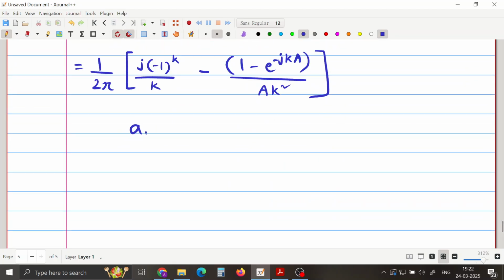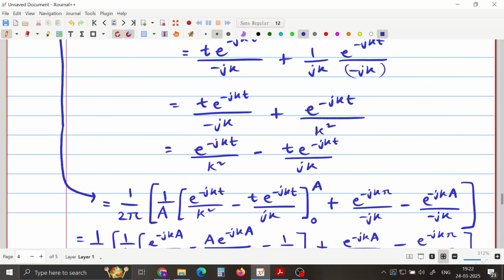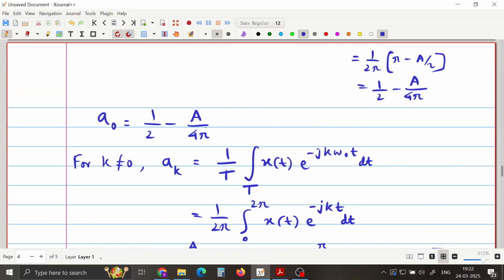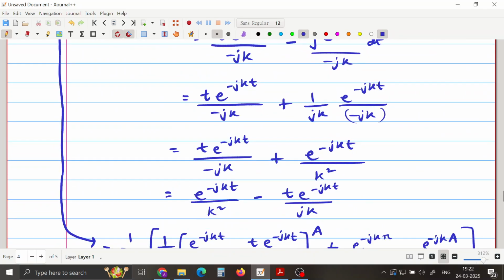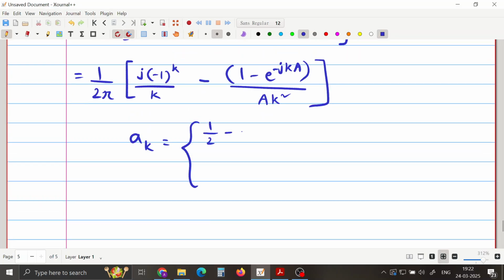So how can I summarize the result? For k equals to 0, what did I get? I got a naught as half minus a by 4 pi, right? Half minus a by 4 pi, and we had verified this in both ways by just calculating the area simply and also through formula.